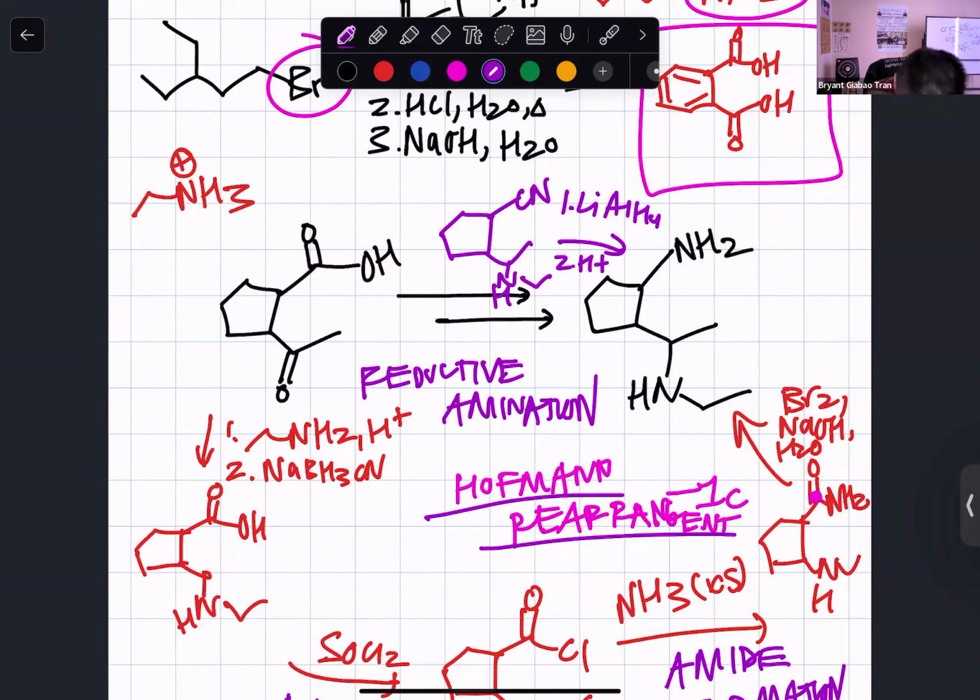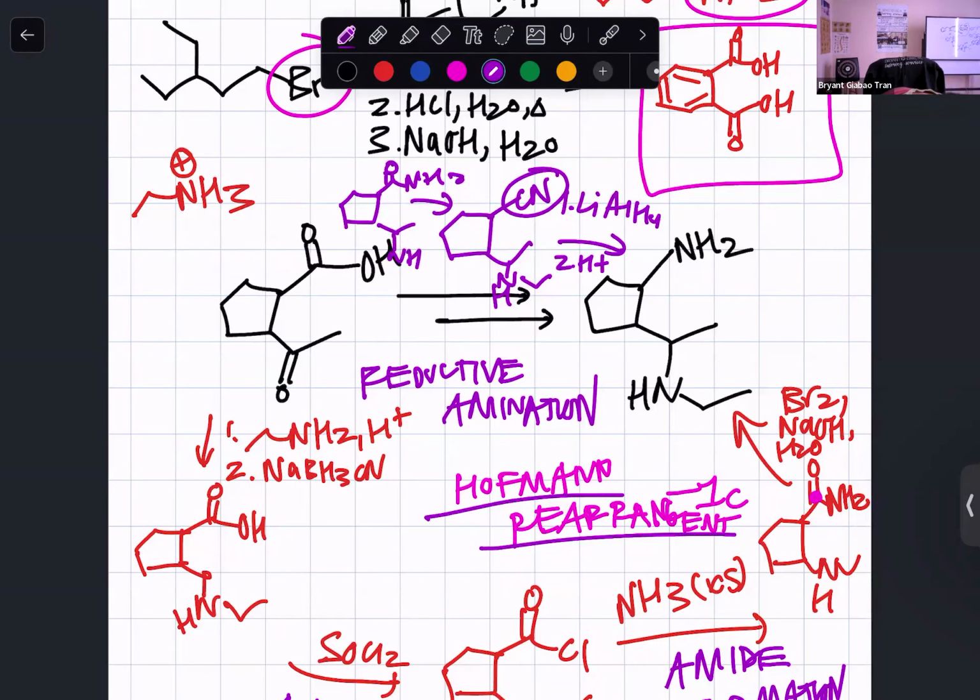CN, like that, right? And to get to this CN right here, we would have to first convert this carboxylic acid into the amide, the primary amide, like that.